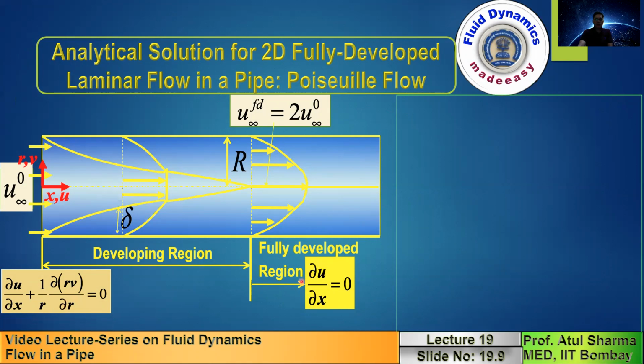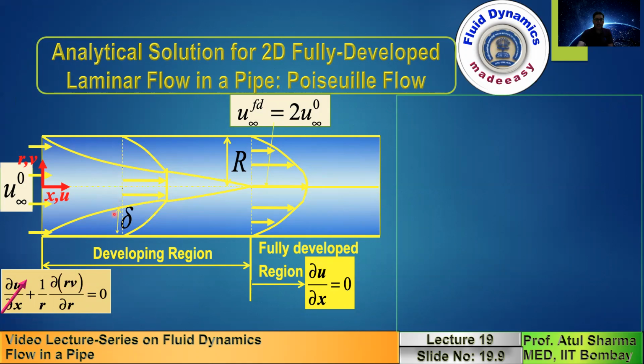Once the flow becomes fully developed, del u by del x is equal to 0, and then you are left with del by del r of r into v is equal to 0. So if you go to any axial location, at any constant value of x, del by del r of rv is equal to 0.